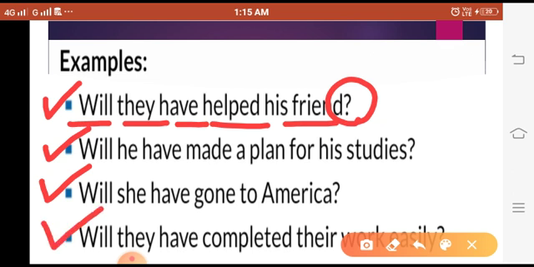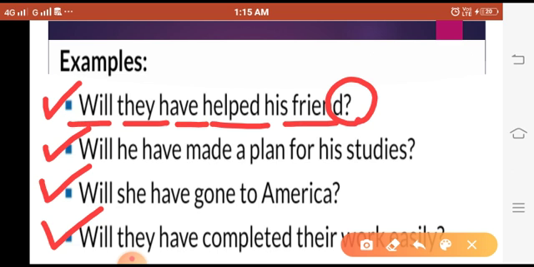Now, one thing to be noticed here is that so far, in whichever tenses we have discussed in the videos, we have studied that if our subject is singular, we use has. And then we have also learnt that if our subject is plural, we use have.